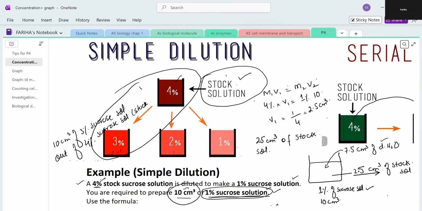In case of simple dilution, you will always be provided with a stock solution, and you are going to prepare the dilution from this stock solution only.